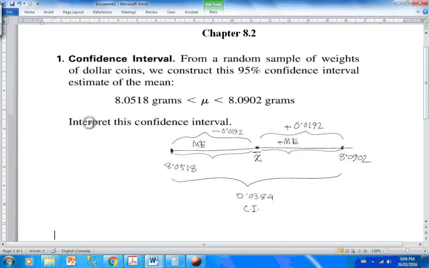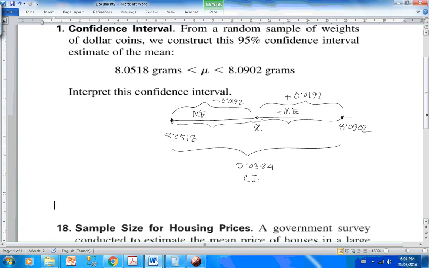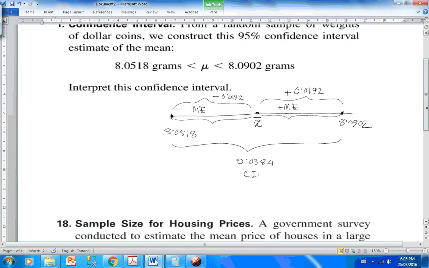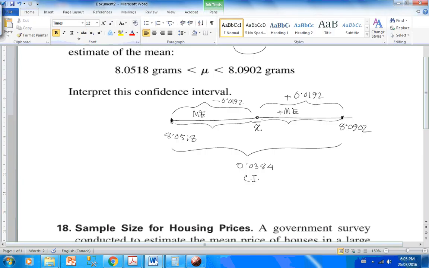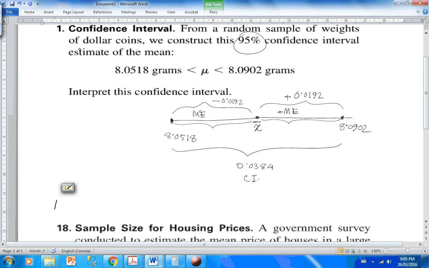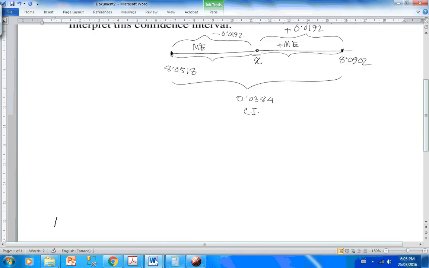And if somebody asks us to interpret the confidence interval, we can just say that the true population parameter lies somewhere between this lower value and this upper value. Now, on a related note, if somebody asked us, what do you mean by this 95% confidence interval, then we could explain that by using our concept of the sampling distribution of sample means.